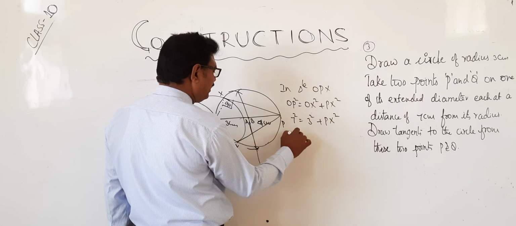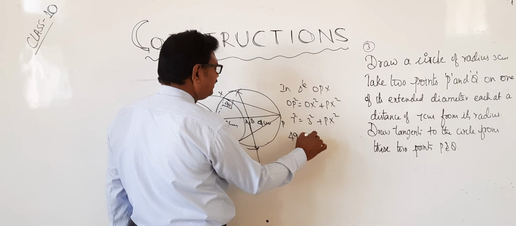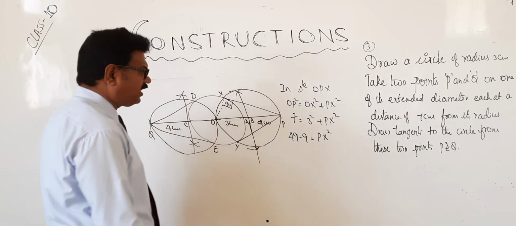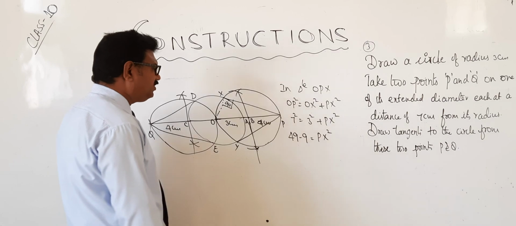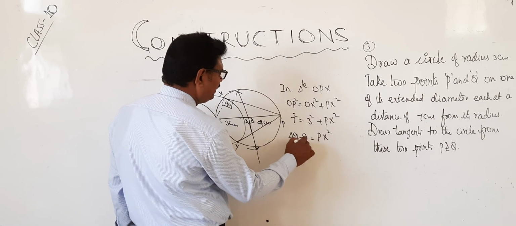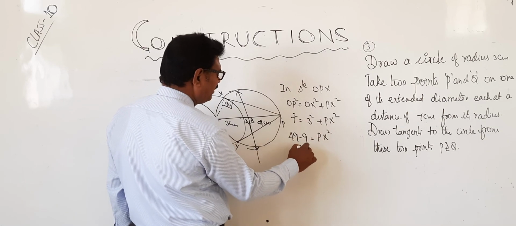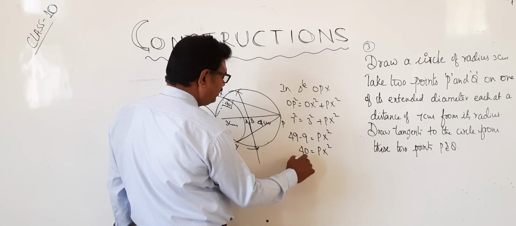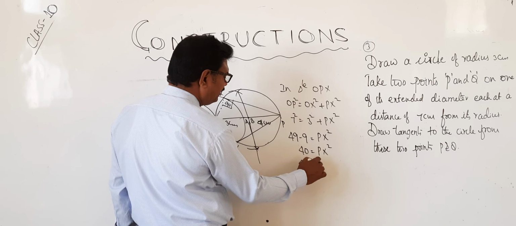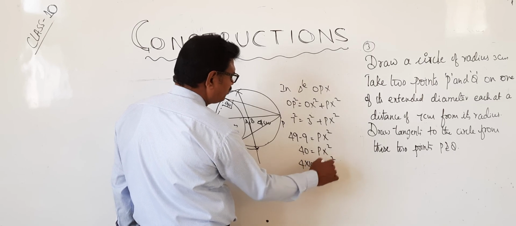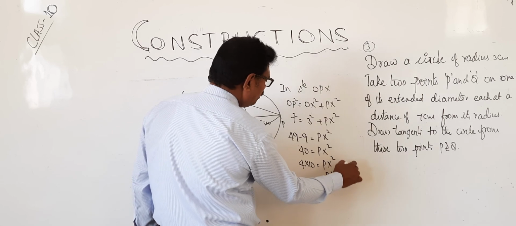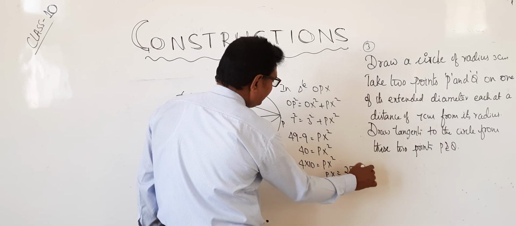It is nothing but 49 minus 9 equal to PX square, which is 40. So 40 means 4 into 10 is equal to PX square. Therefore PX is equal to 2 root 10 centimeter.